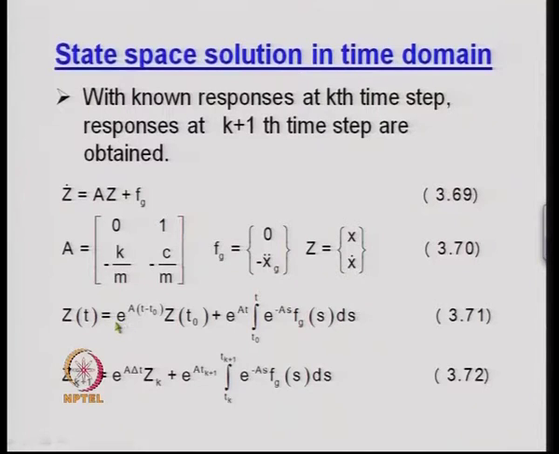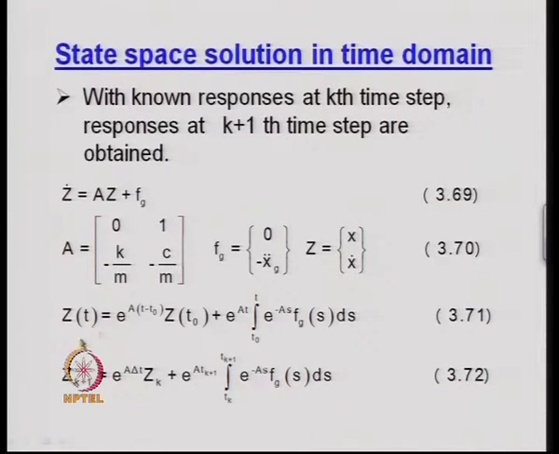Z t is equal to e to the power A into (t minus t0) multiplied by Z t0, which is known, plus this integration. In this integration, e to the power of a matrix is involved. Here also e to the power minus A s is involved, and F(s) is the loading function varying between t0 and t, or within the interval.